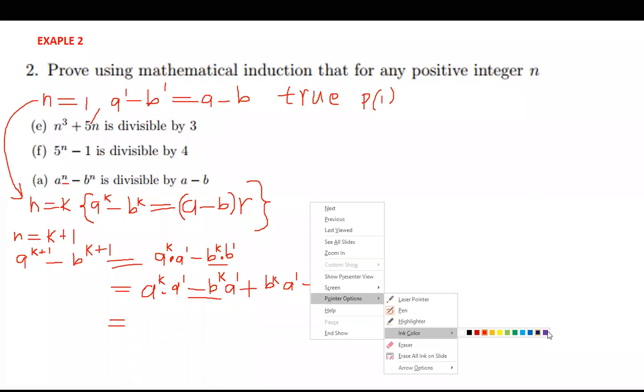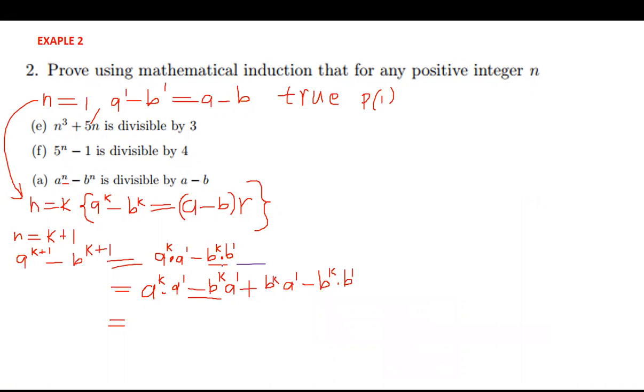Okay, let me use blue. So look at this part here which I'm going to circle. When you add these two, you are simply going to get a zero. Try to add them. This part which I've circled here, this is a zero. Meaning what you only have in this expression is just this and that, which is just what we had there. I've not expanded anything, but I've just added a zero there.